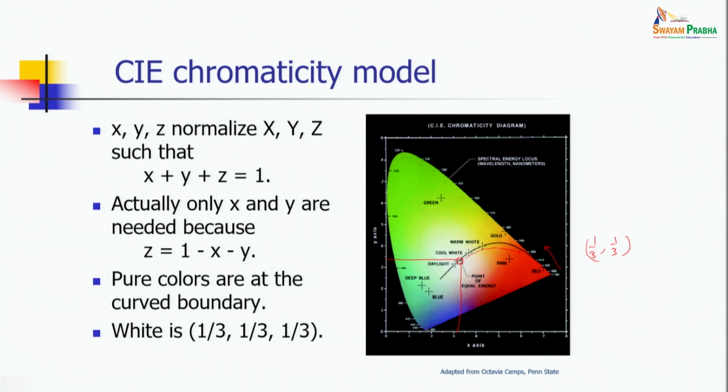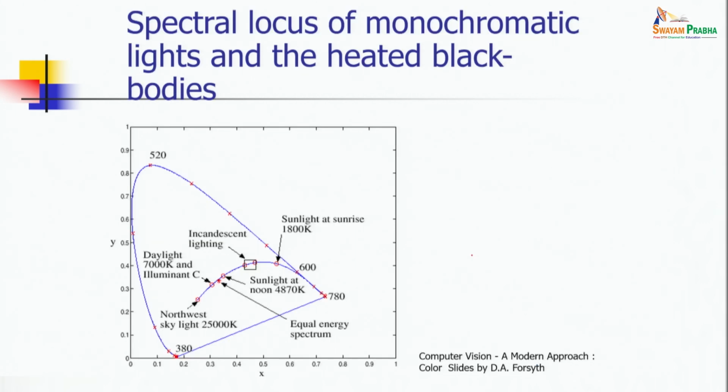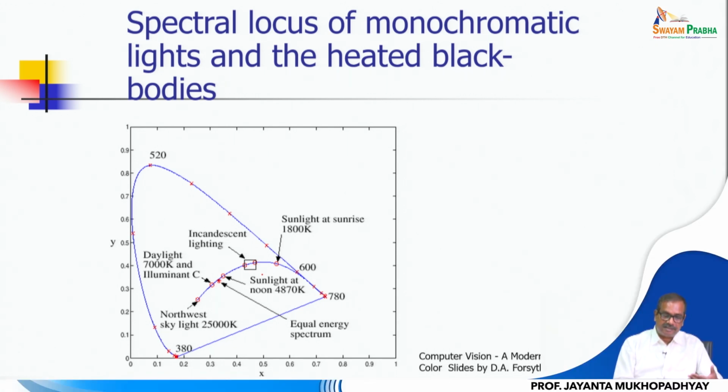So when we represent a color, there are 2 factors by which this color is represented, and here are also some examples of how different kinds of light sources are represented through this chromaticity chart, because some light sources have a certain color.